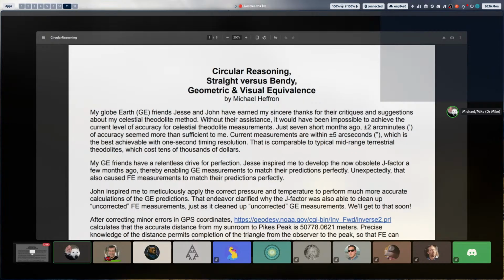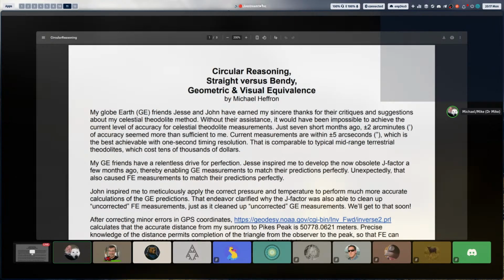I shared this PDF, and it's out in the text. So anybody who's interested in getting a copy of the PDF can get all of my data from there. Between Jesse's criticism and John's criticism, we've been able to get this really accurate. And as I was applying this more accurate data, that's when I realized there were minor errors in the GPS coordinates.